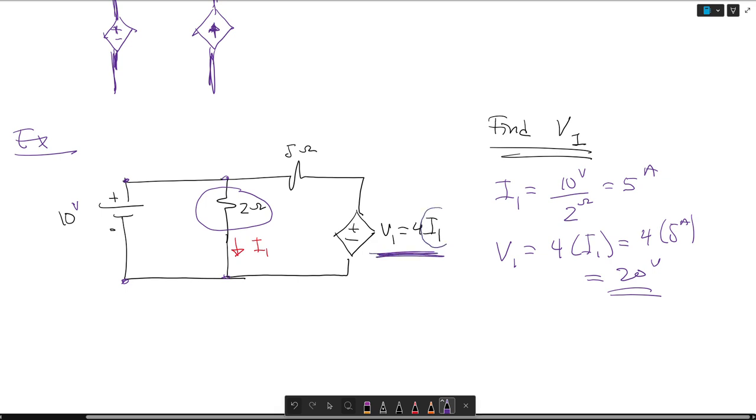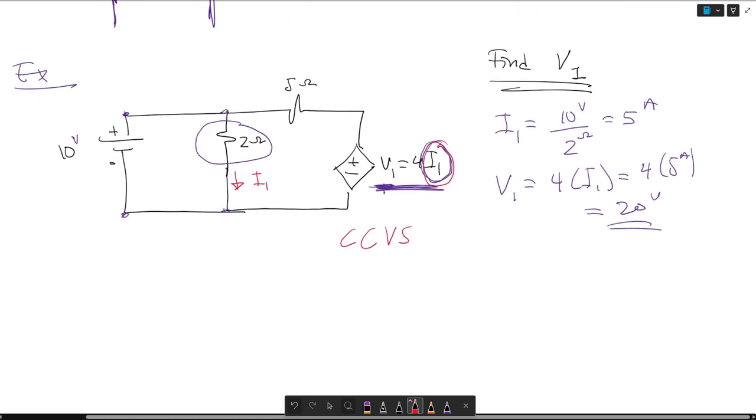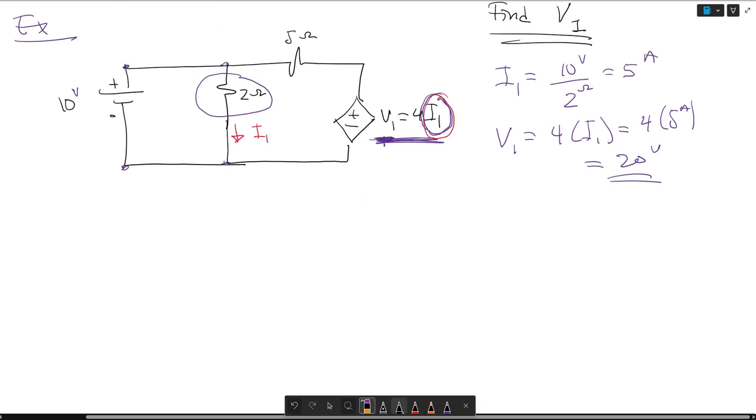So again, we can see that this is a current controlled voltage source, right? Because it's supplying voltage, but it's being controlled by a current. Let me draw out these symbols. We'll call it a current controlled voltage source.